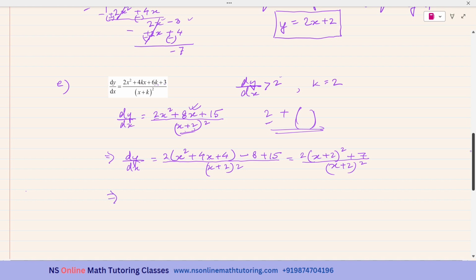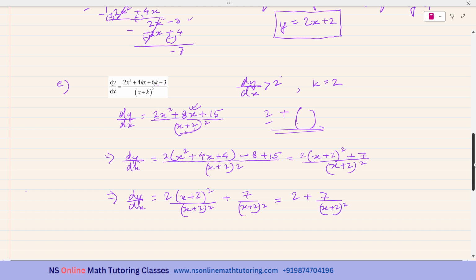So dy by dx will be equal to 2 times x plus 2 whole square over x plus 2 whole square plus 7 over x plus 2 whole square. So this is equal to 2 plus 7 over x plus 2 whole square.